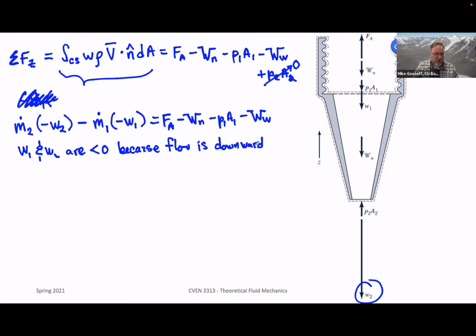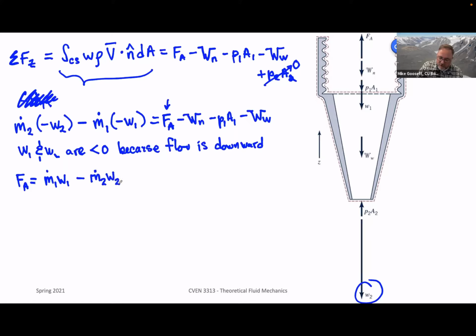Okay. All right. So now let's rearrange. Remember, we're trying to solve for FA here. So FA is equal to, now some of these things on the left-hand side, we can kind of group and simplify. So we're going to have m dot 1, the mass flow at 1, times little W1. Yep, so those two negatives give us a positive. Then we subtract m dot 2 times W2.